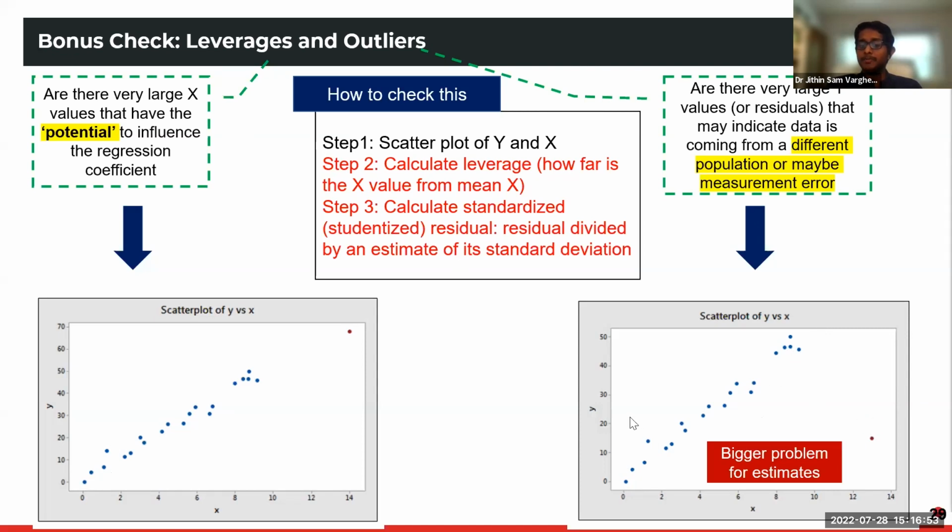And what it might do is that instead of the line going like this, which represents a true association, the line might in fact become something like this in order to capture this particular point's weight also. Because like I said before, linear regression treats all observations as coming from the same population. So this is a bigger problem for our estimate, because instead of saying the slope was like this, now we are saying the slope is like this.